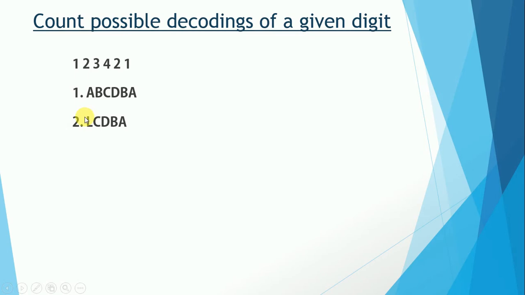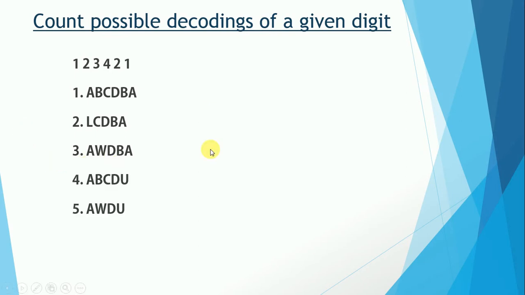That is something we need to consider while constructing our dynamic programming algorithm. Here we have the third possible decoding, which is AWDBA. W comes from this 2 and 3 taken together. The 23rd alphabet is W, and that is why we have the pattern AWDBA.